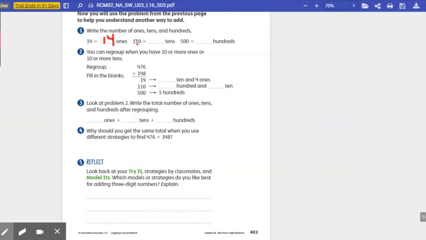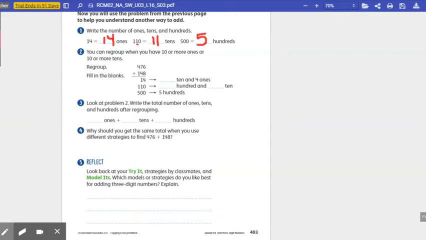There are 10 tens in 100. So we can regroup that 100 back into tens and say 10 tens plus the 10 is 11 tens. Then we have 500, which equals how many hundreds? 5.